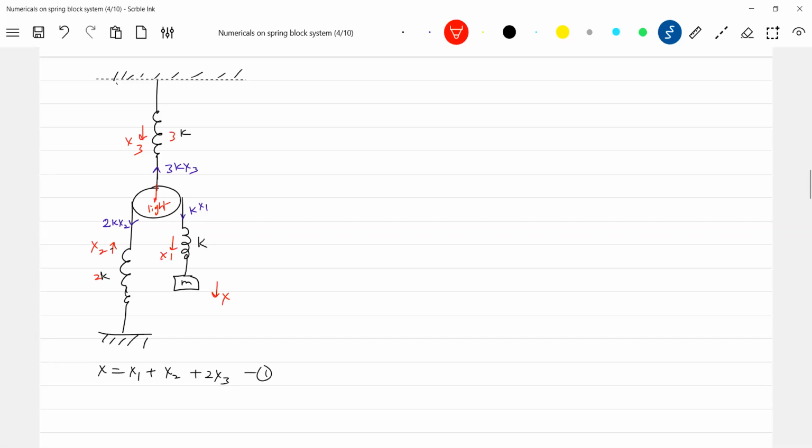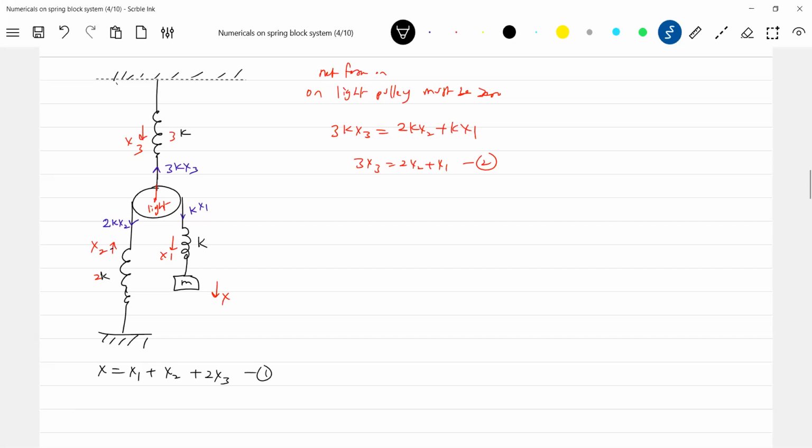On the light pulley, net force should be 0. Based on that, I can write one equation: 3kx3 is equal to 2kx2 plus kx1. So 3x3 equals 2x2 plus x1. Call this equation 2.